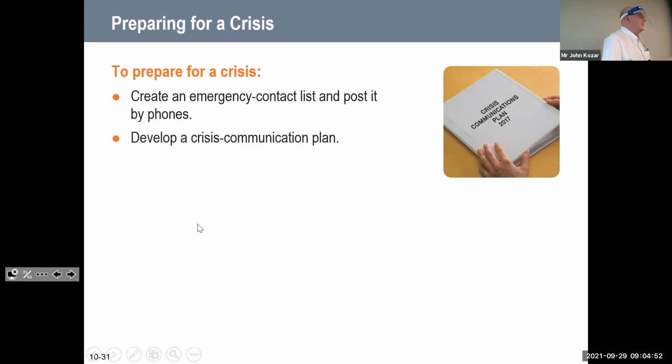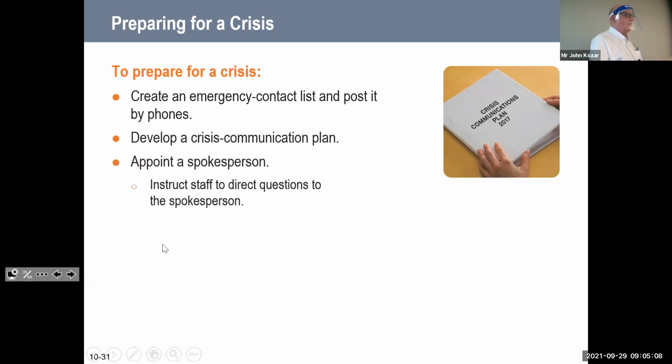You want to have a crisis communication plan. Like what the university does, it has an email system, it has a text message system, and then the Nichols website is where they put the details as time progresses. You appoint a spokesperson and instruct staff, in the university case, students, to direct questions to the spokesperson.